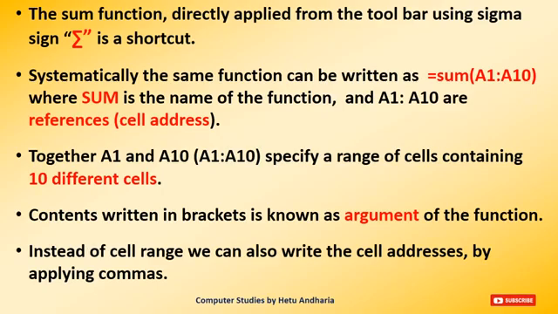Systematically, the same function can be written as equal to SUM, bracket open, and then the cell range, where SUM is the name of the function and A1 colon A10 are the references or cell addresses. Together, A1 colon A10 specifies a cell range containing 10 different values lying in those cells.